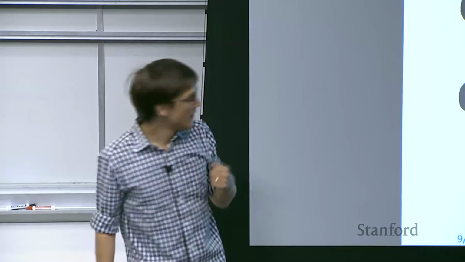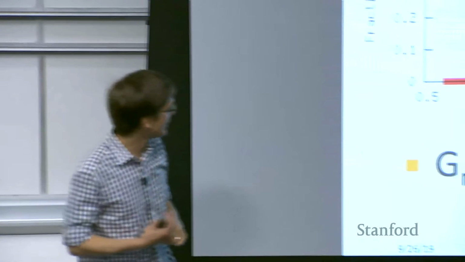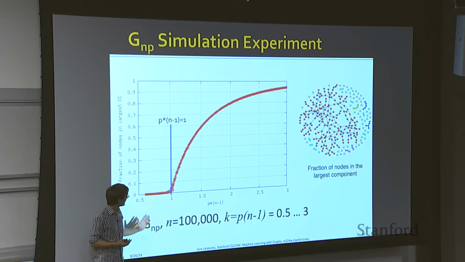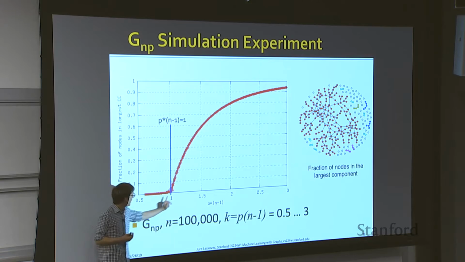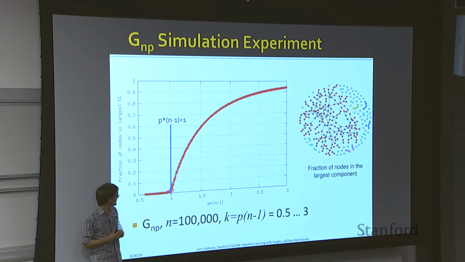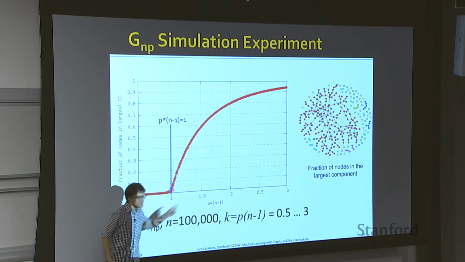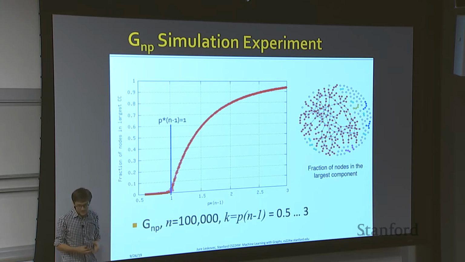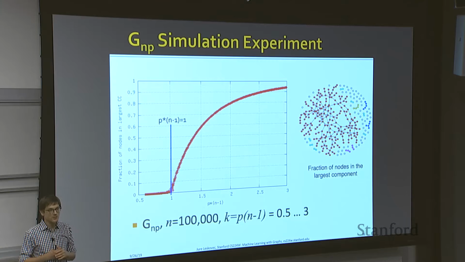And then the last thing I want to say is, when is the random graph connected? It turns out there is this beautiful result that basically shows that a random graph will get connected when the average degree is greater than 1. So here is again a computational experiment. The x-axis is average degree, and the y-axis is the fraction of nodes in the largest connected component.